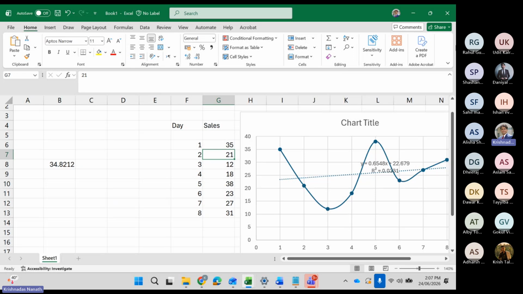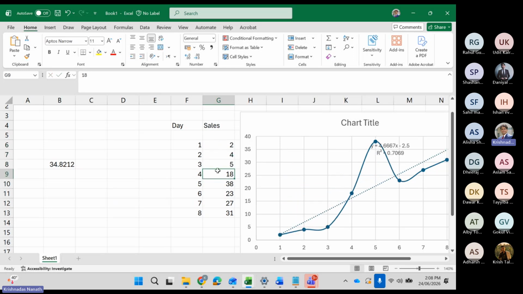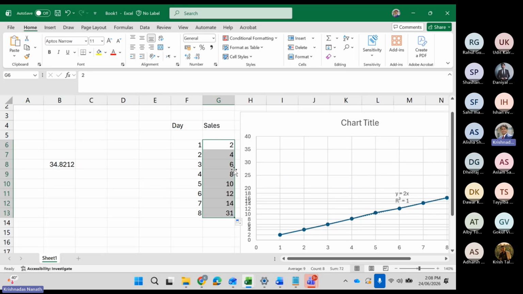Next, let me tell you in which cases were you able to solve on your own. You remember the first data? What was the first data? 2, 4, 6, 8, 10, right? Now see what happens to R square. So when I do 2, 4, 6, sorry, and our original data was this.